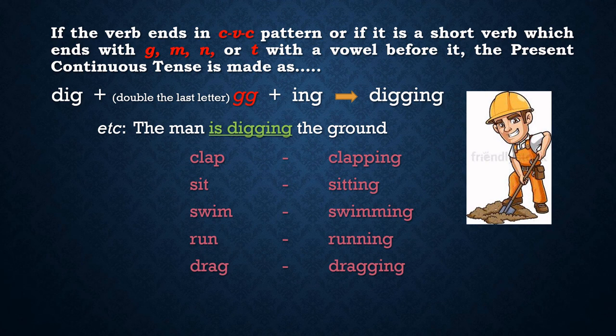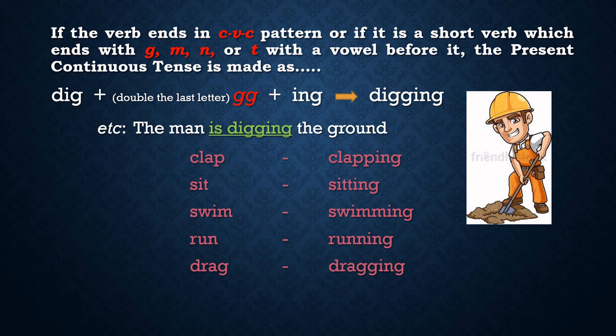According to the CVC pattern, CVC means C for consonant, V for vowel, C again for consonant. If we take the verb clap, according to the CVC pattern, it's easy if we take the letters from the end of it. That means P-A-L. P for consonant, A for vowel, L for consonant.